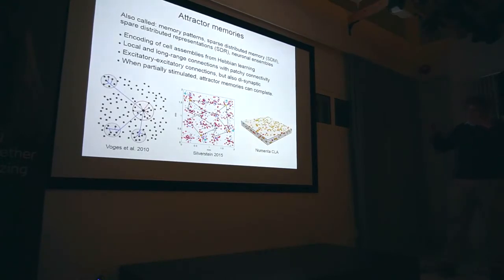On top of these, you store the attractor memories, which is unsupervised learning. The attractors are learned, and they're often called sparse distributed memory, sparse distributed representations. Mentor calls them sparse distributed representations.